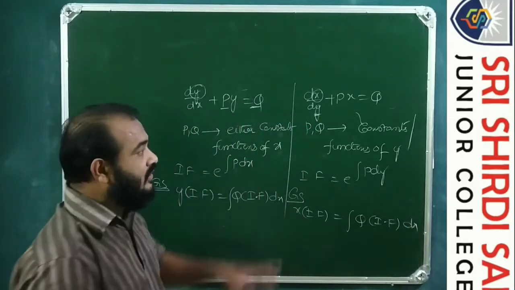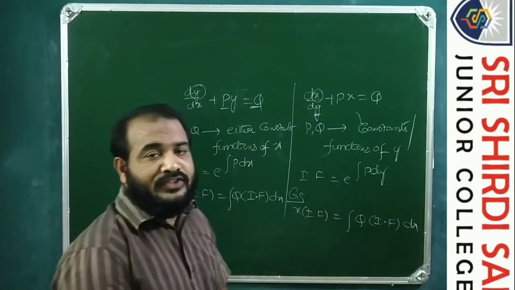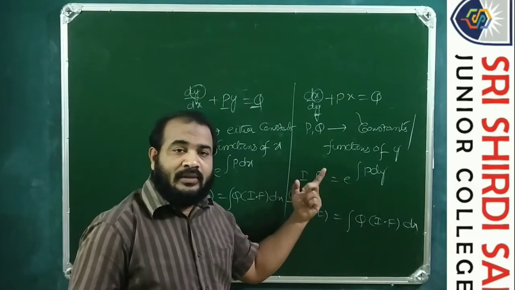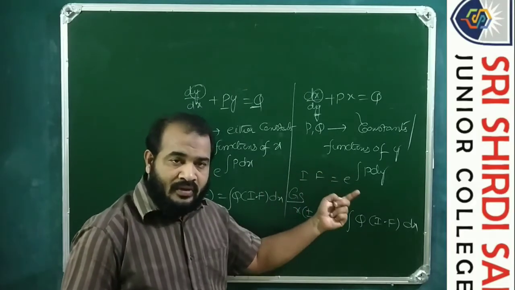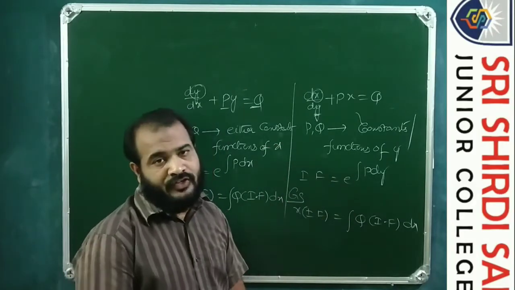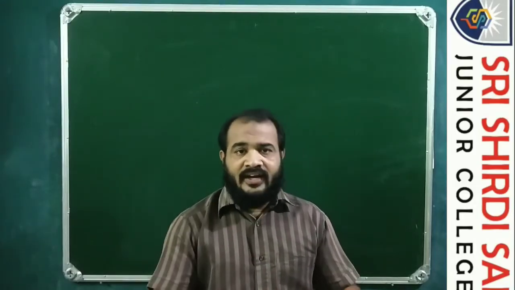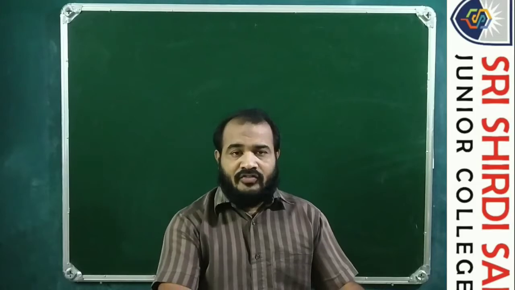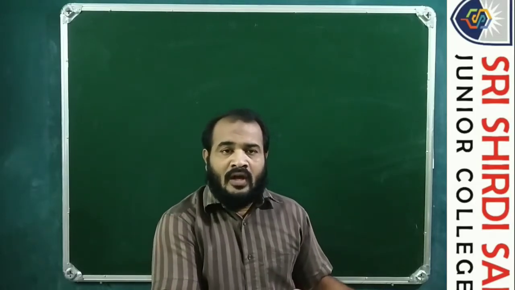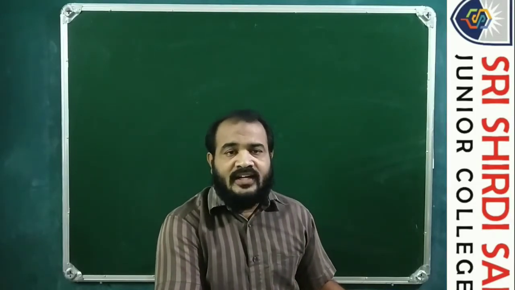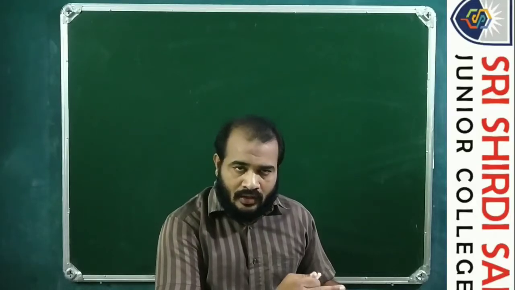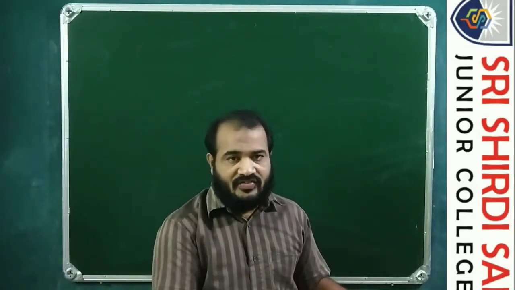So while solving them, especially the first variable separable method and the homogeneous differential equation method, we have to integrate on both sides, and after subsequent steps at the end the constant is to be added on either side.